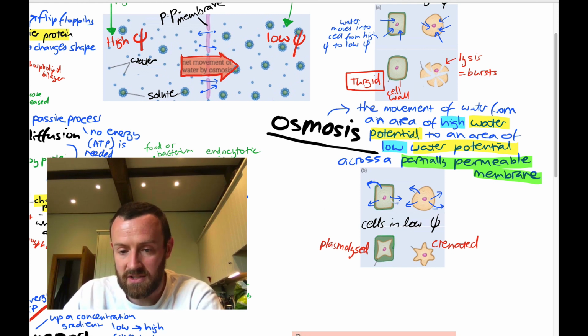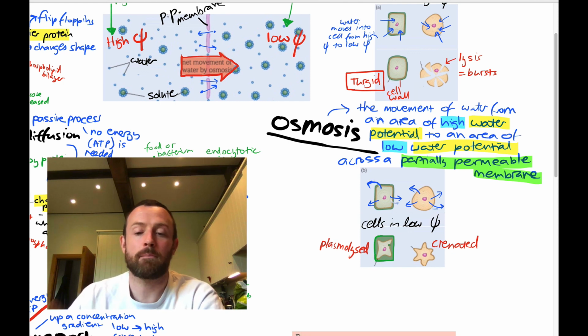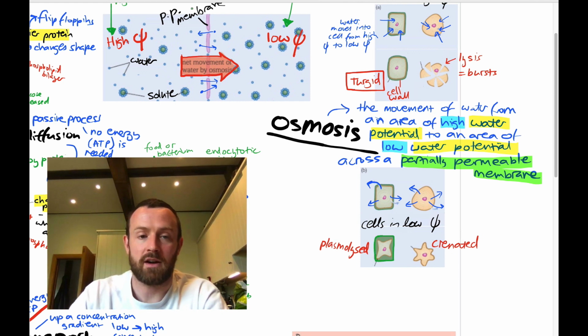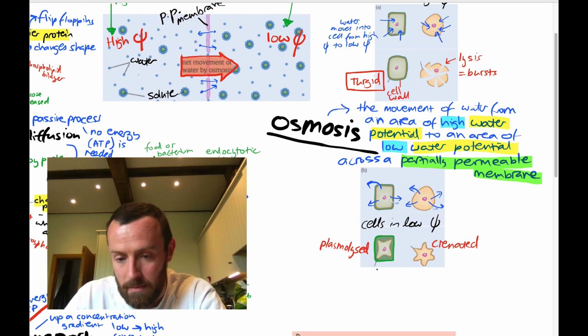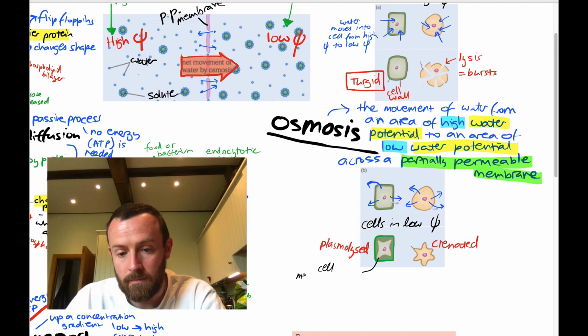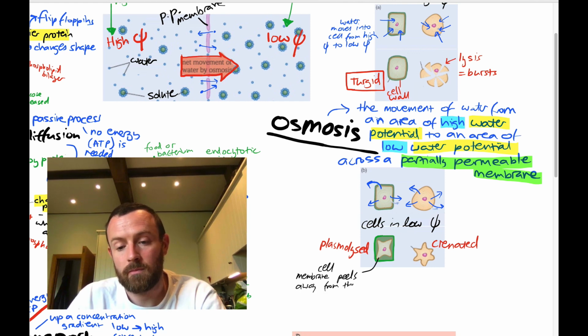It just sits there on the outside, maintaining its shape, but the cell membrane peels away from it inside. So let's describe that in a bit more detail: cell membrane peels away from the cell wall.